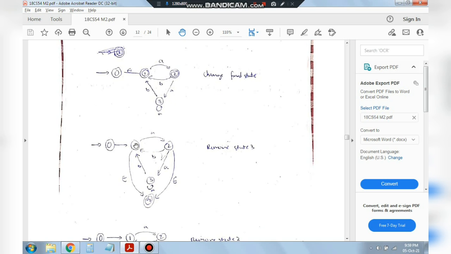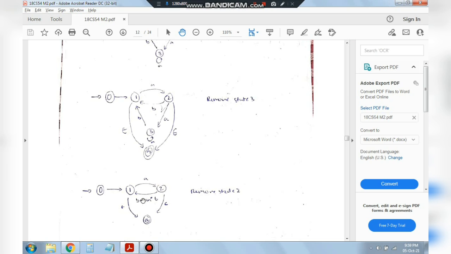After that we'll be removing 1, 2 and 3, because we just need the starting state and the final state. When we remove 1, 2 and 3, first we'll start from 3. Observe here carefully, it's coming through A, then A is repeated n number of times, then B. So that's the same thing we'll write here. Along with that we have B from 2 to 1.